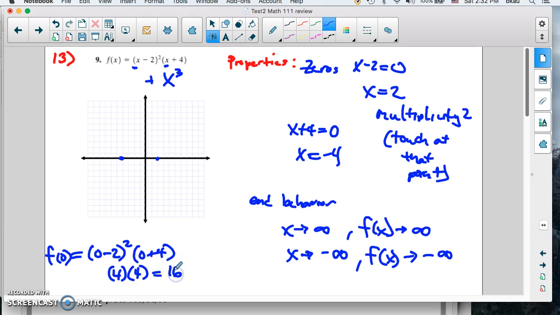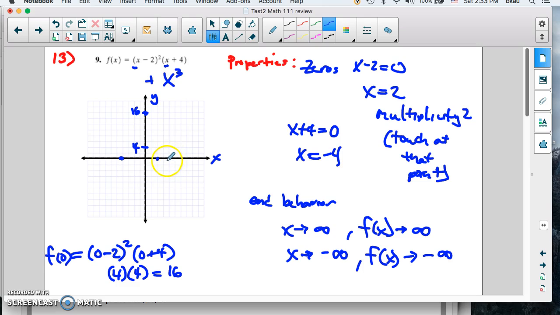So it's going to cross at 16 on the y-axis. If we set everything by 2 here, so this would be 2, 4, 6, 8, 10, 12, 14, 16. It would cross right here at 16. We use 2 for every mark on the y-axis.